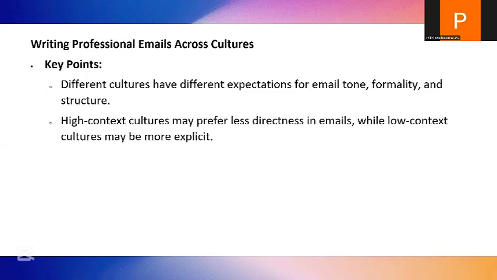So let's observe these different formalities and tone and structure. So high context cultures may prefer less directness in emails, while low context cultures may be more explicit. So you can observe these differences in the formats which I'm going to display on the screen.